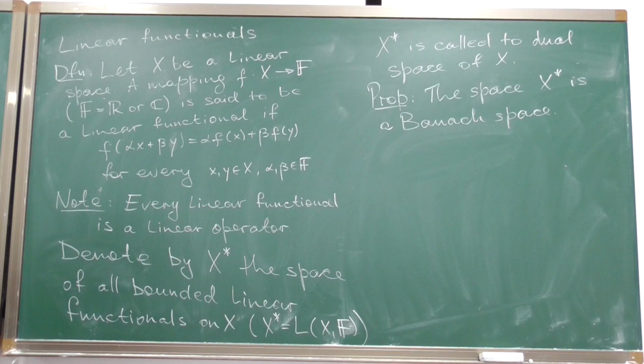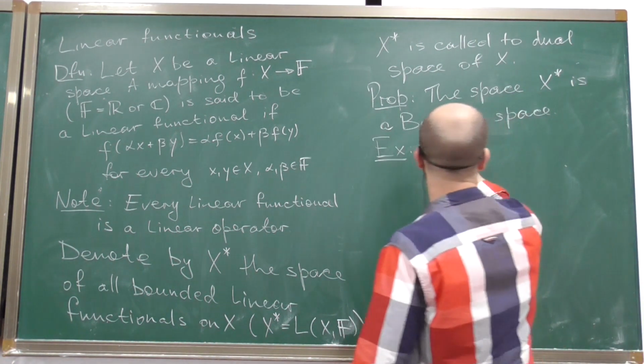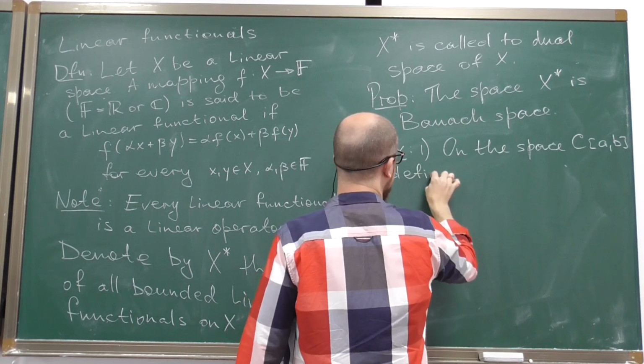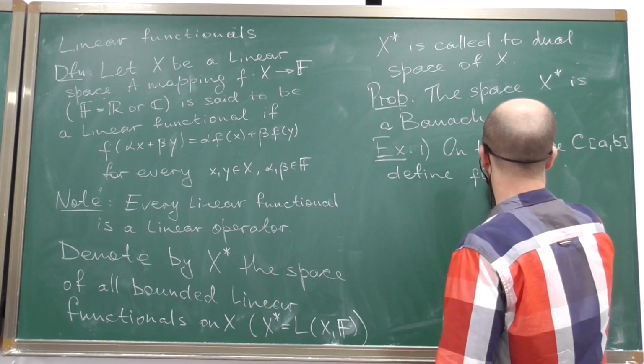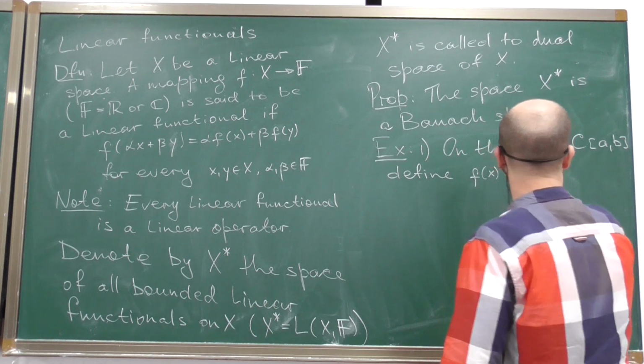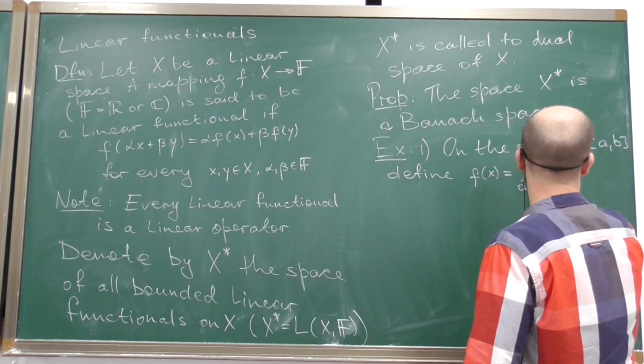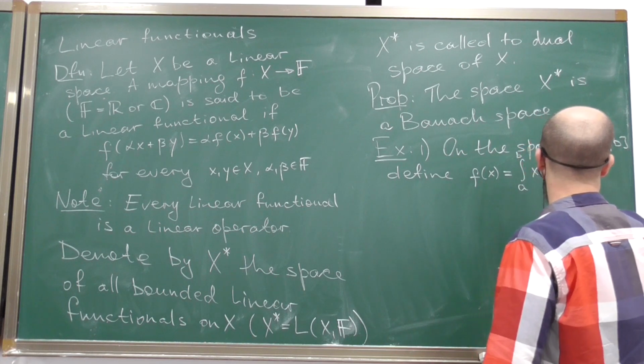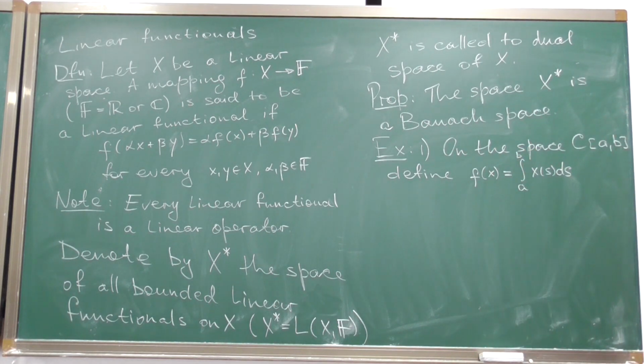Well, let us consider several examples of bounded linear functionals. For the first example, let us consider the space of all continuous functions. Let us define a functional f of x as an integral from a to b of the function x. Well, first of all, every continuous function is integrable, so this functional is well defined.